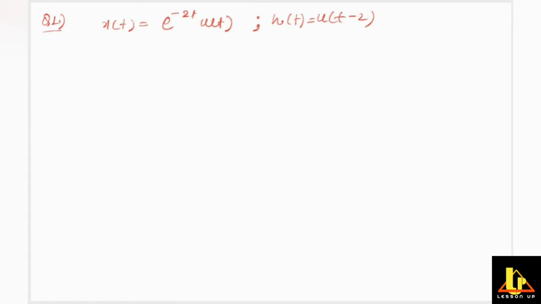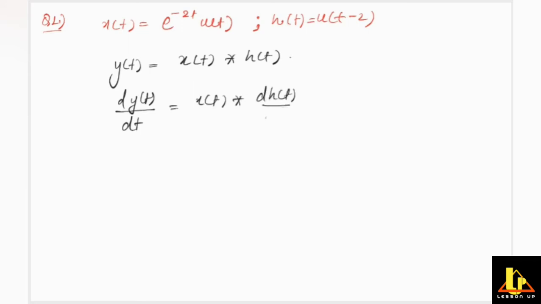So, we all know in an LTI system y of t will be the convolution of x of t and h of t, or according to the property, dy of t by dt is equal to x of t convolution dh of t by dt.